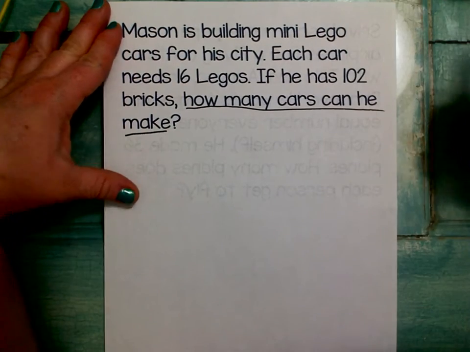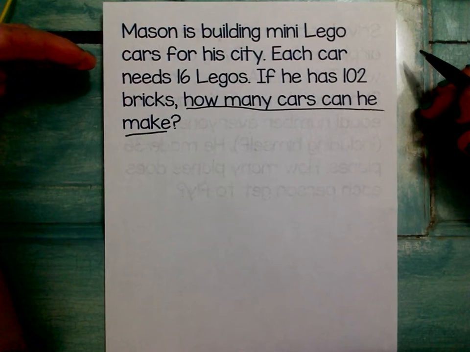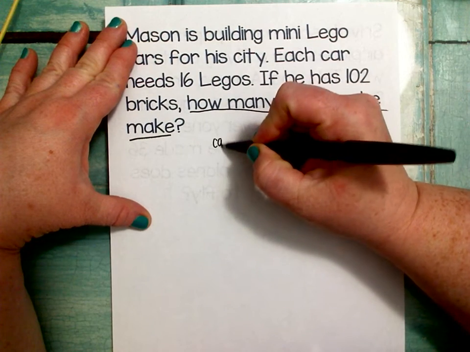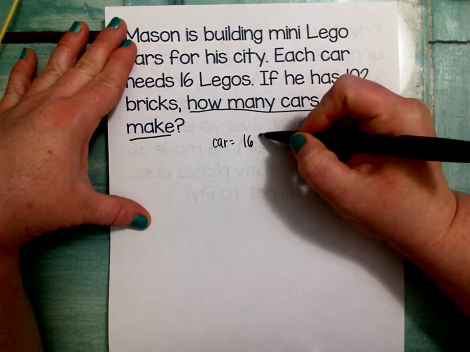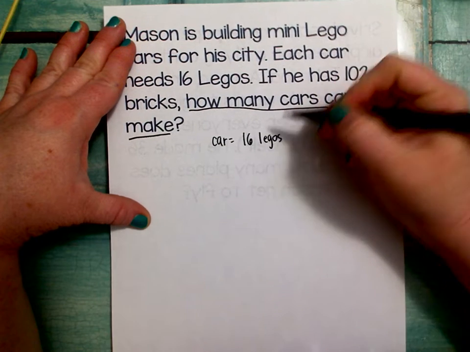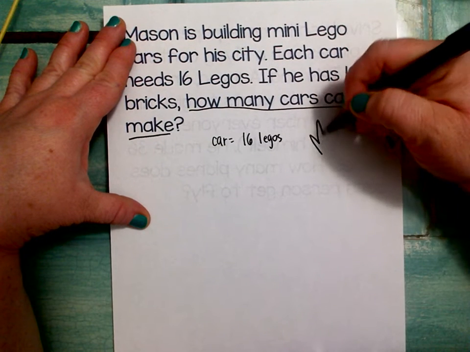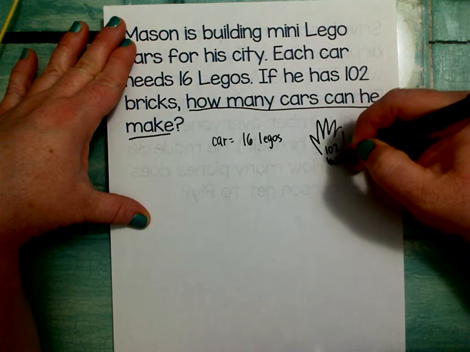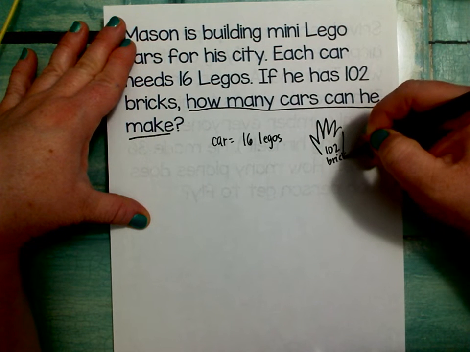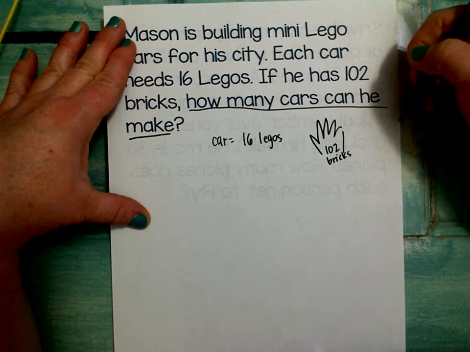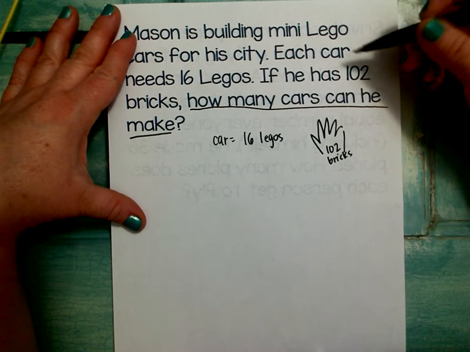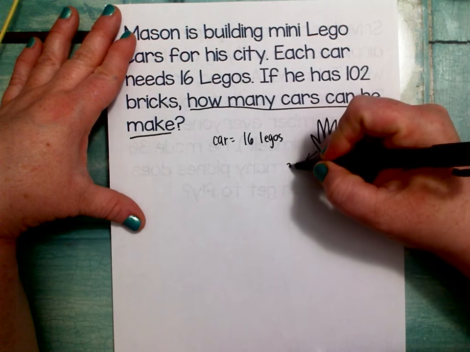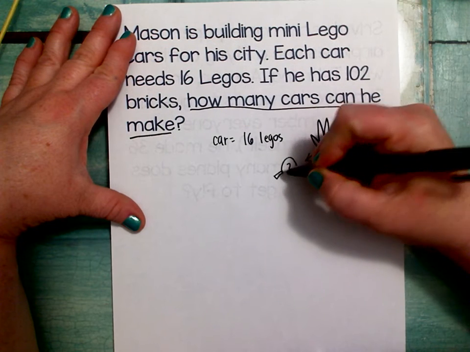All right? Then I'm going to imagine what that means. Well, each car needs 16 Legos, right? And he has 102 bricks, which is like a Lego brick. So he has that many. So I want to know how many cars he can make, right? So I kind of imagined that.